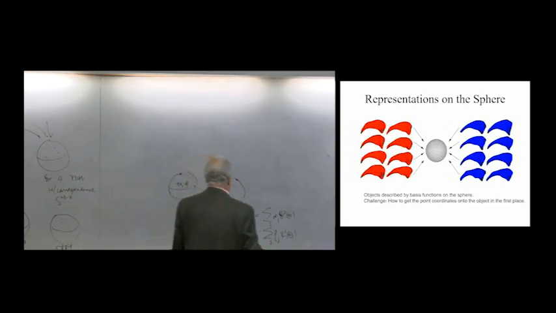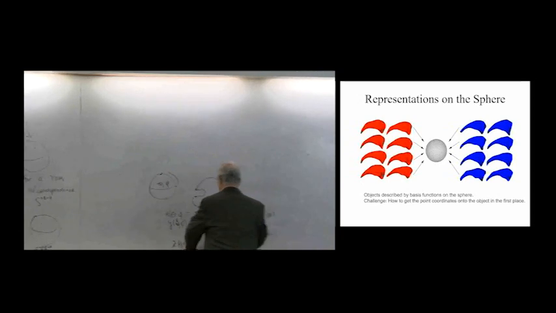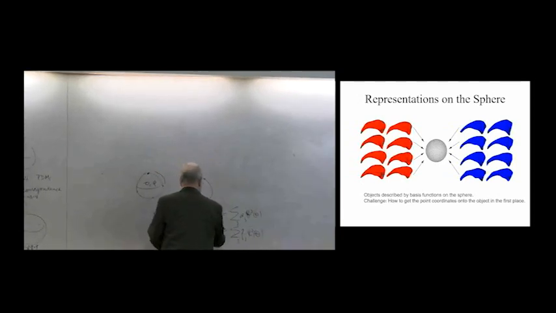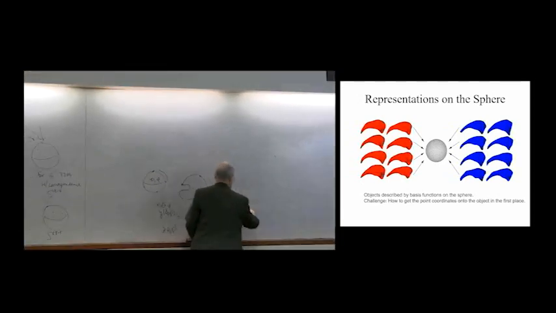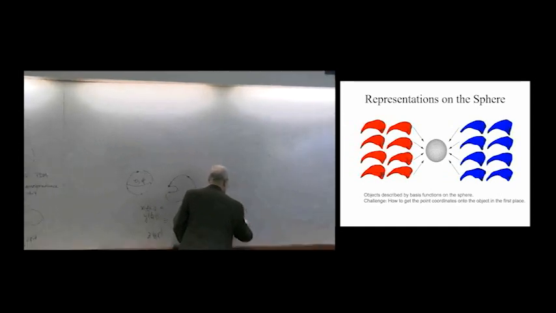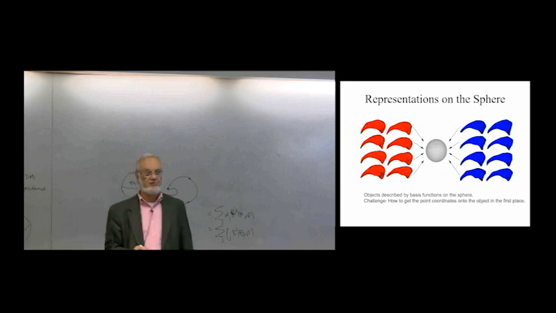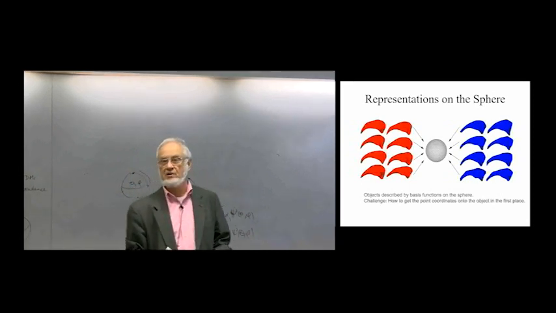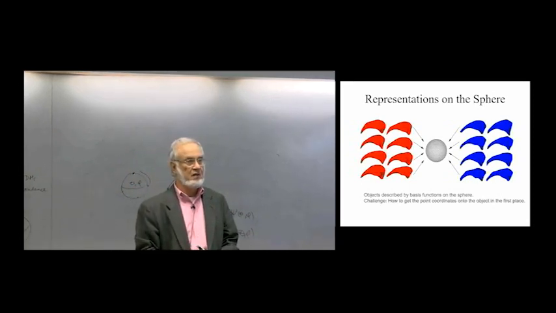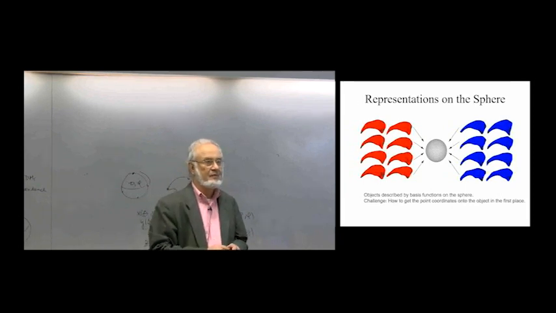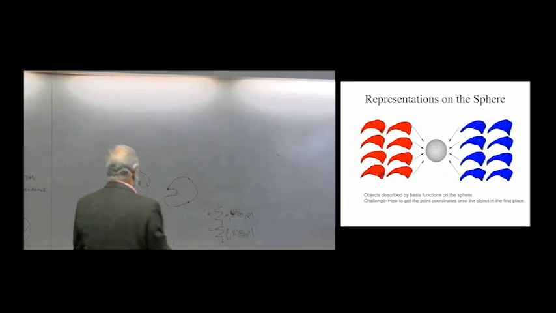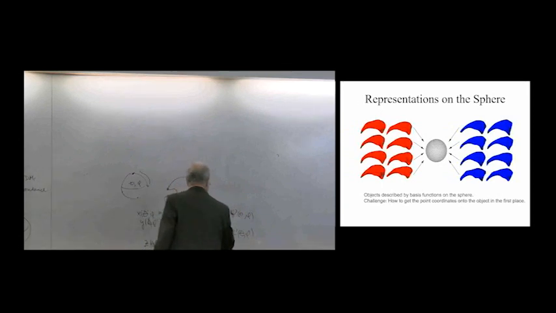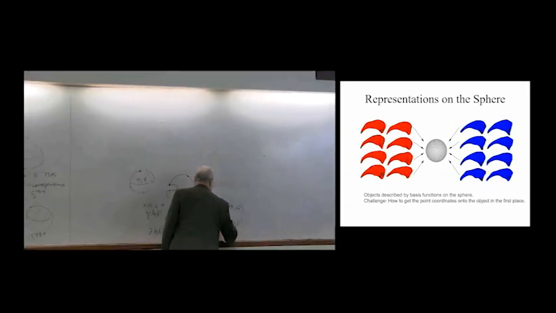And all I'm going to do here, I'm going to get rid of this middle because it just confuses things. My basis functions are going to be functions of latitude and longitude. And so gamma j, psi j, theta phi.